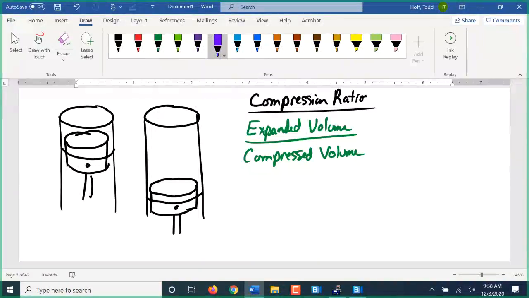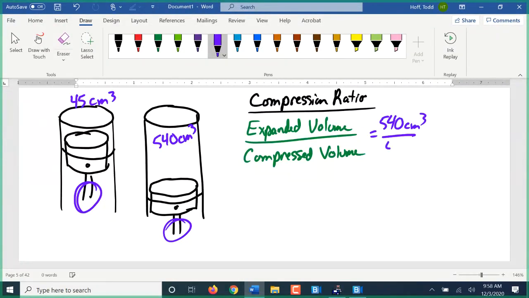The expanded volume is when the piston is at the bottom of the stroke, so that would be this example right here. Let's say that volume is 540 cubic centimeters. The compressed volume is when the piston is at the top of the stroke, that would be this picture here. And let's just go with 45 cubic centimeters. So our ratio here is 540 to 45.